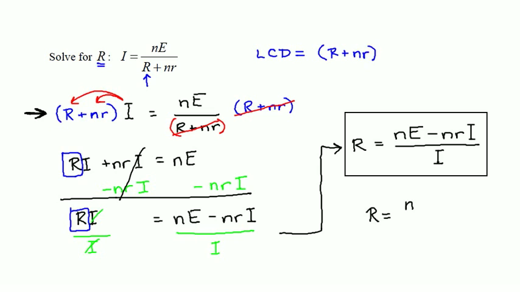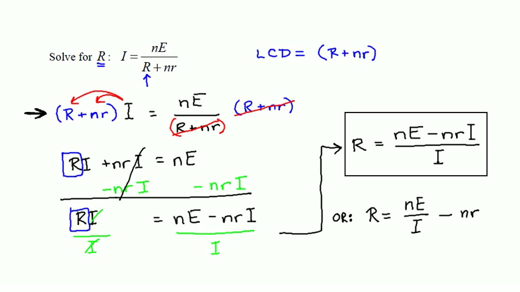That could be nE over I as the first term, and then the second term, the I's would drop out and I would have just nr remaining.